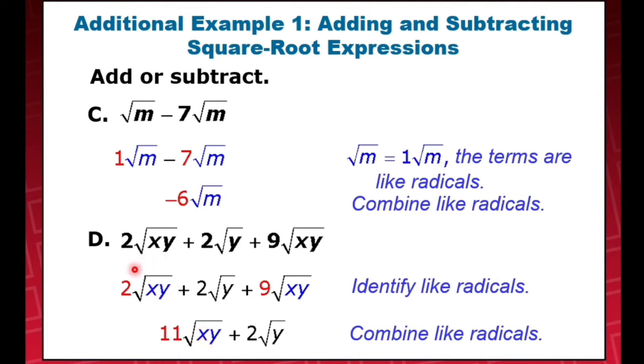And then since we already have combined these two terms, all we need to do is just bring down 2 square root of y here. So our final answer here is 11 square root of xy plus 2 square root of y, because we cannot combine these two terms anymore because they are unlike radicals. Okay, so this is going to be the final answer.